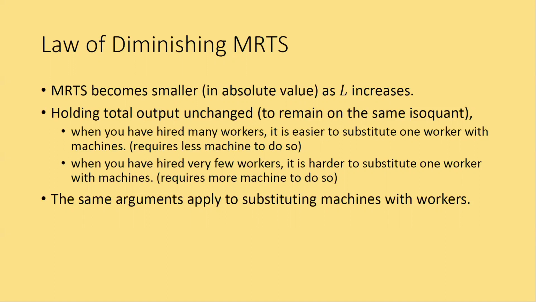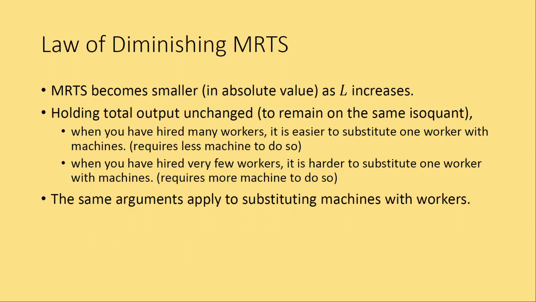And imagine if the firm has hired many workers relative to capital, then it will be easier for the firm to substitute workers away with machines, right? And maintaining the same level of output, it would require less machinery or less capital to do so. But if the firm has only hired very few workers, and the firm is trying to substitute workers with machines, it would require the firm to probably employ more machines.